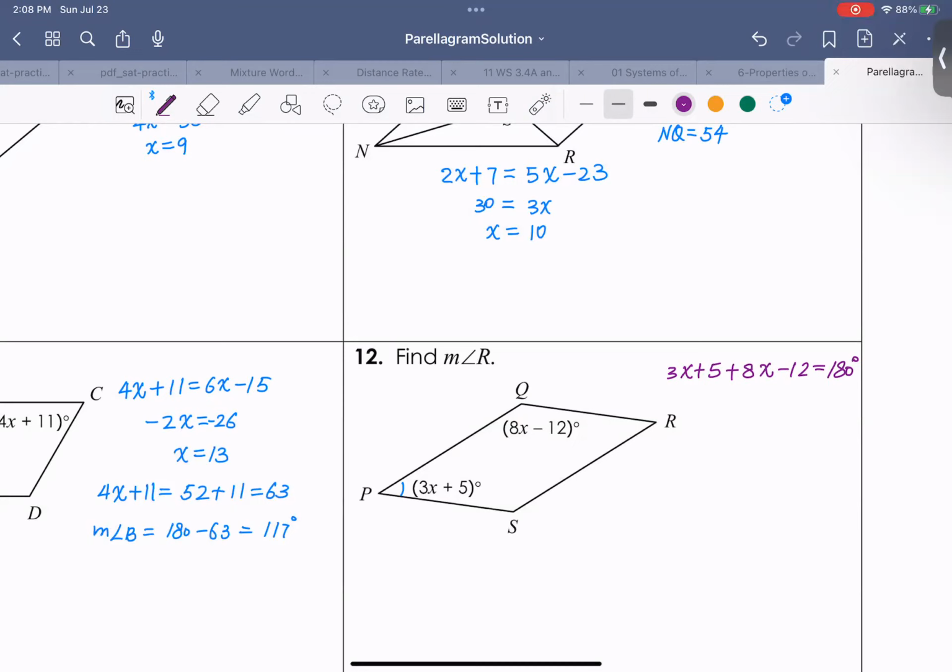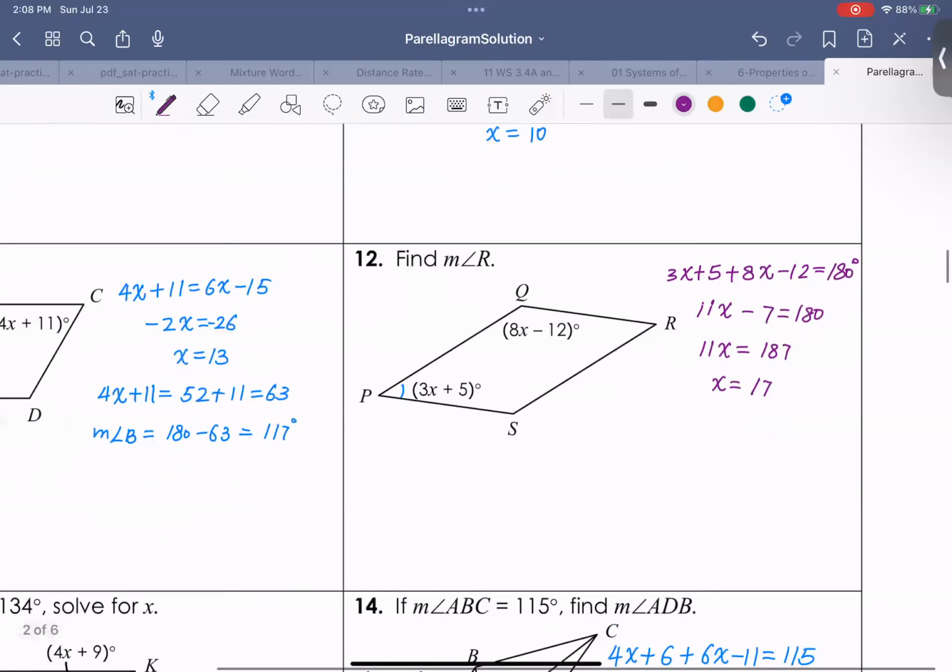So 11x becomes 187, and x becomes 17. Very good. And then the x is not the guy we are looking for here.